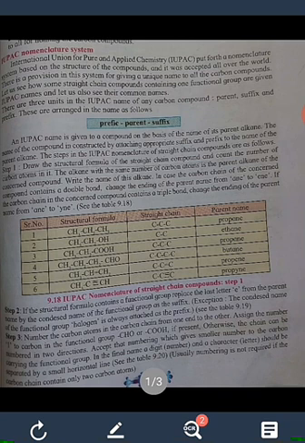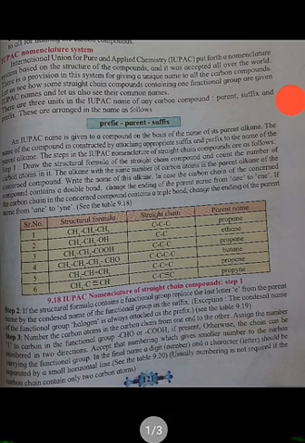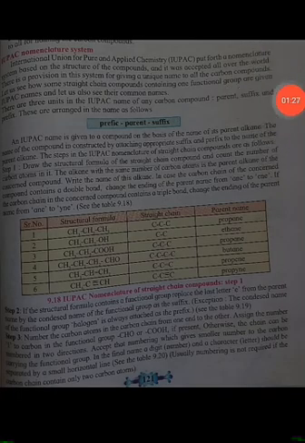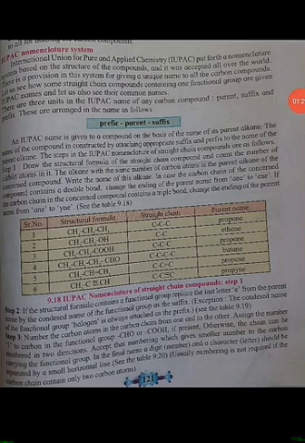There are three units in an IUPAC name of any carbon compound: parent, suffix and prefix. These are arranged in the name as follows: prefix, parent and suffix.